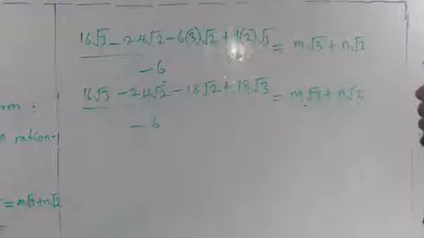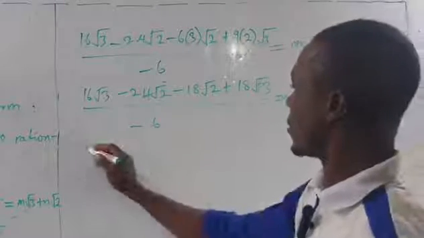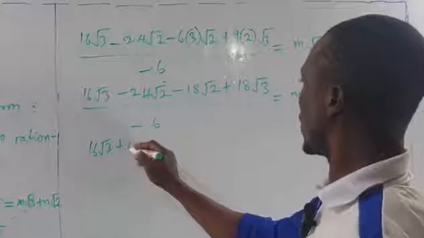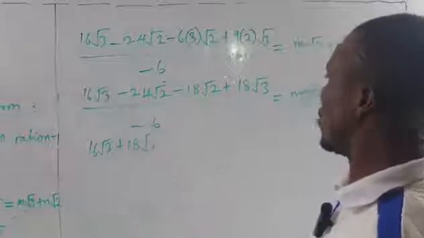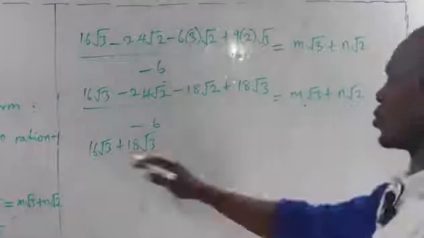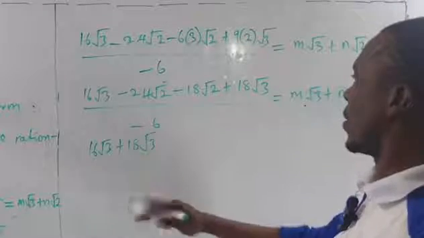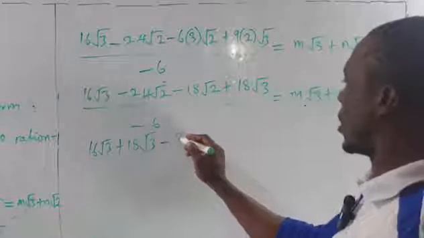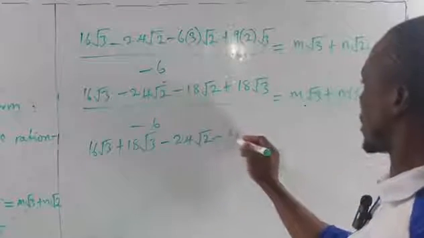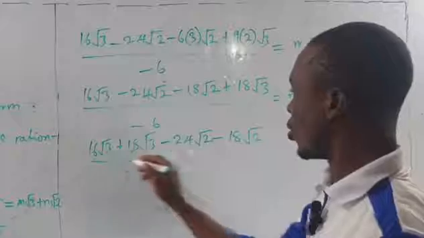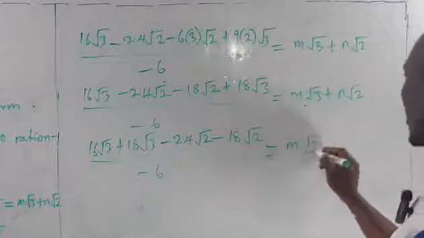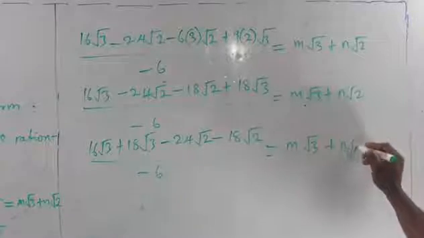So we now collect the like terms. So we have 16 root 3 plus 18 root 3. Because we are working towards this, we have root 3 before root 2, so that's why root 3 came first. So we have minus 24 root 2, then minus 18 root 2, all over minus 6 equal to m root 3 plus n root 2.